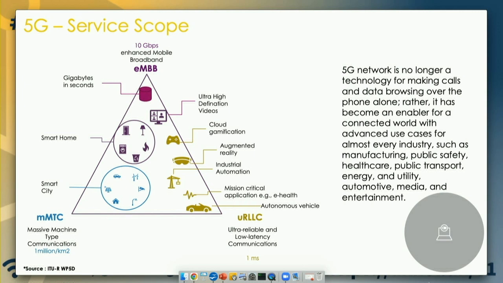The next, and the last one or the third one, is mMTC, which is massive machine type communication. I recently read somewhere the most popular prediction for the number of IoT devices will be anywhere between 6 million to 20 billion connected devices by the end of 2016. So even this will be less.